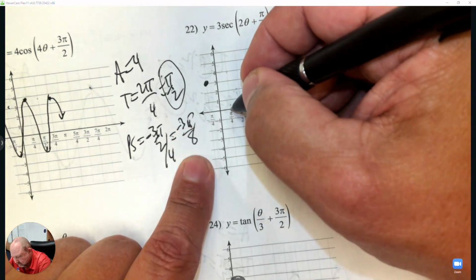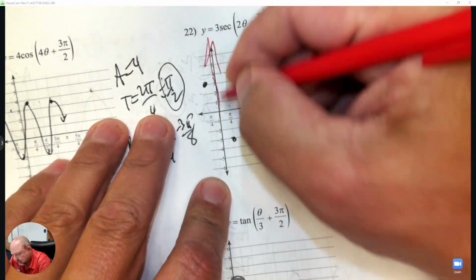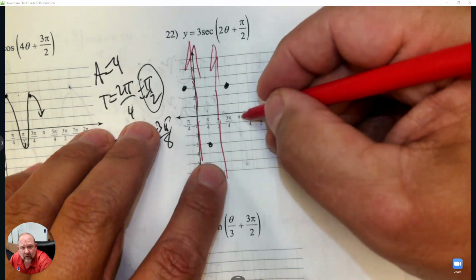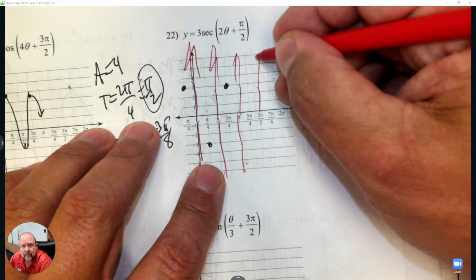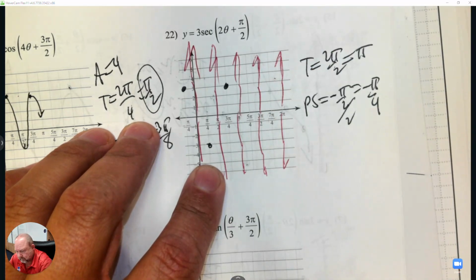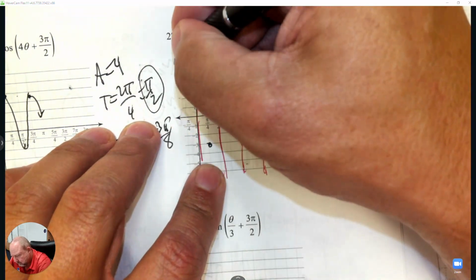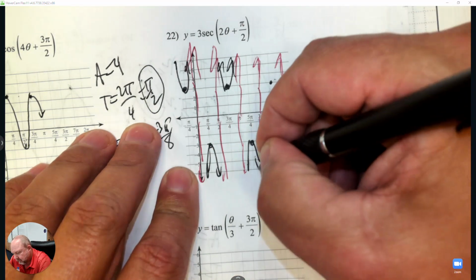Exactly in the middle will be a lower vertex, and in between those will be asymptotes. And there's the pattern to follow. Upper ones fold up, lower ones fold down.